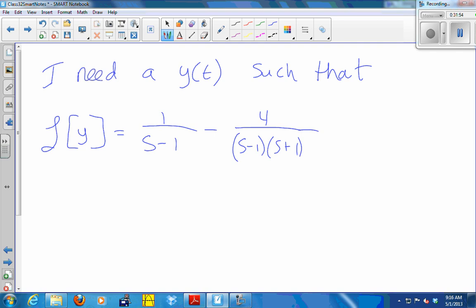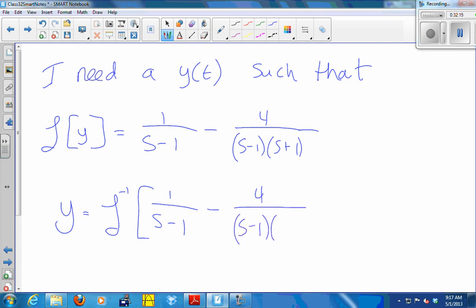Yes, because the Laplace transform is a linear operator, you can do each one separately. Sorry, I just want to write down every step here. So the inverse Laplace, right? To undo the Laplace, we have to have an inverse Laplace, because the Laplace transform is really a function. It's just that its inputs and outputs are functions instead of numbers.